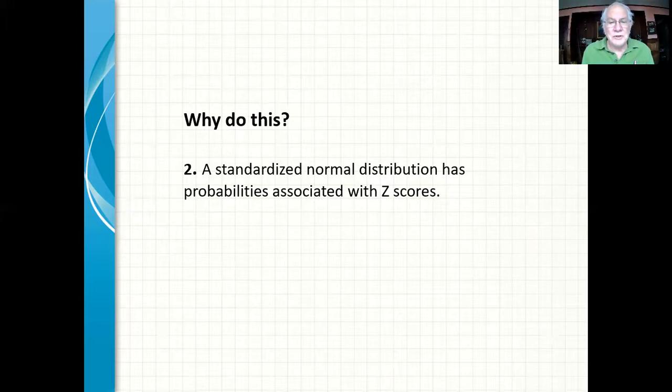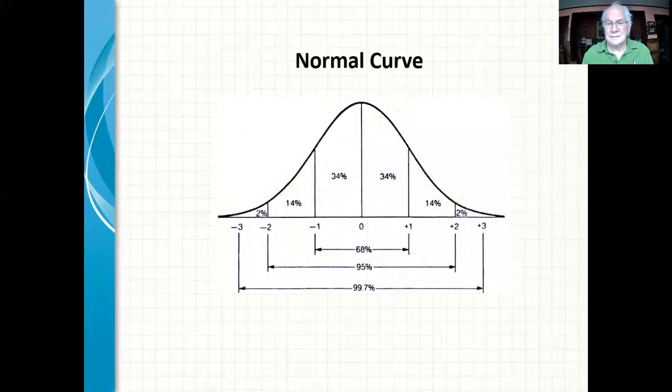A standardized normal distribution has probabilities associated with every z-score. Every z-score has a probability associated with it, and those things have been worked out mathematically. I'm going to say, trust me on this. They will tell you the probability associated with that z-score. And here's one of them, a normal curve.